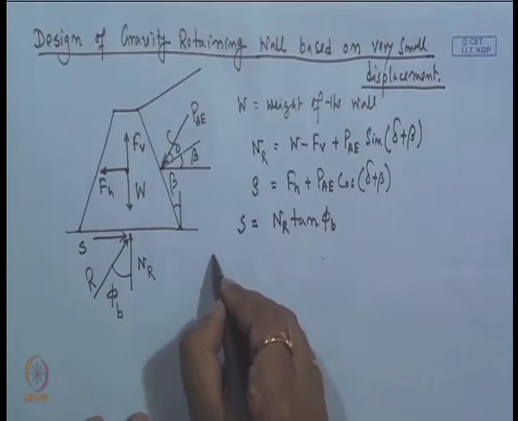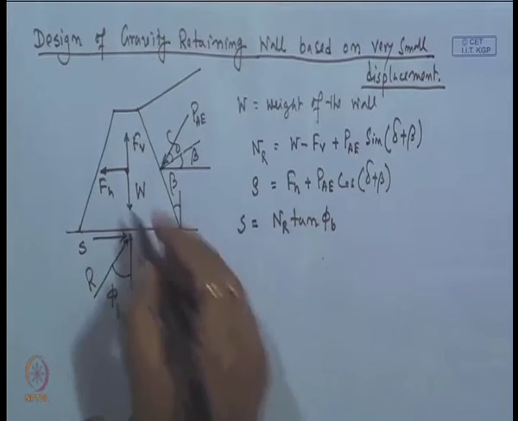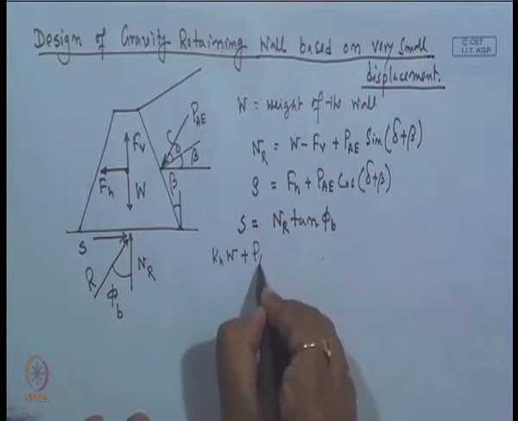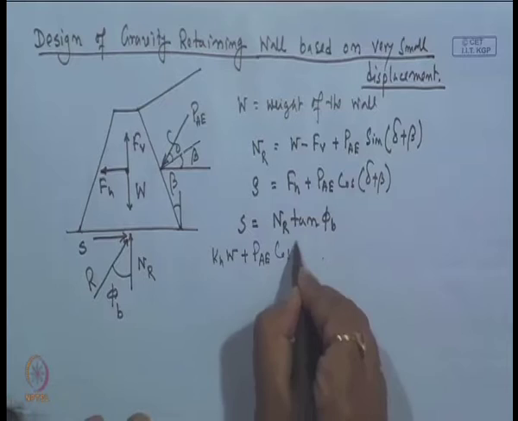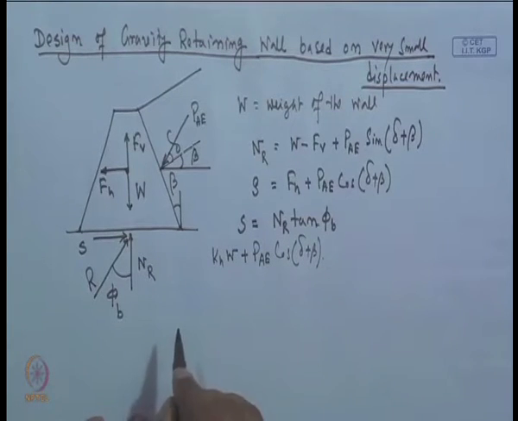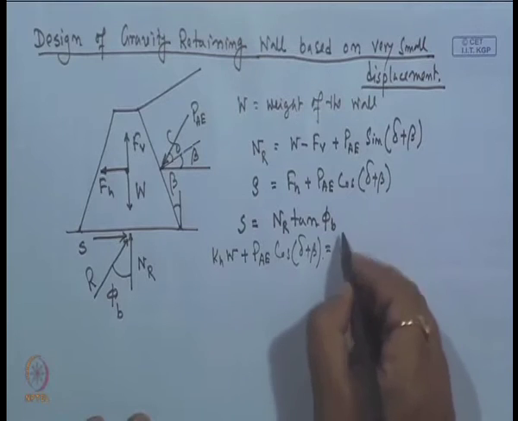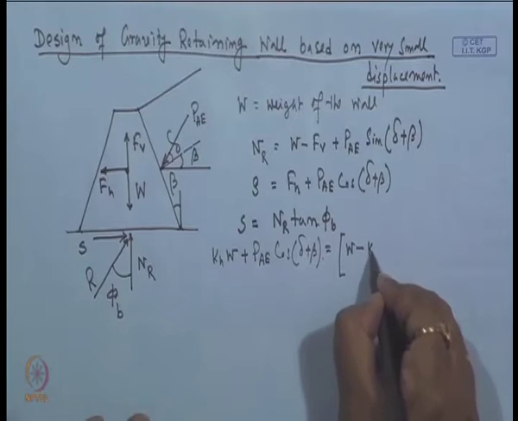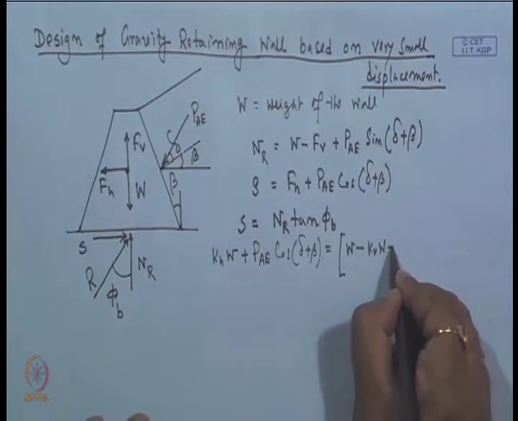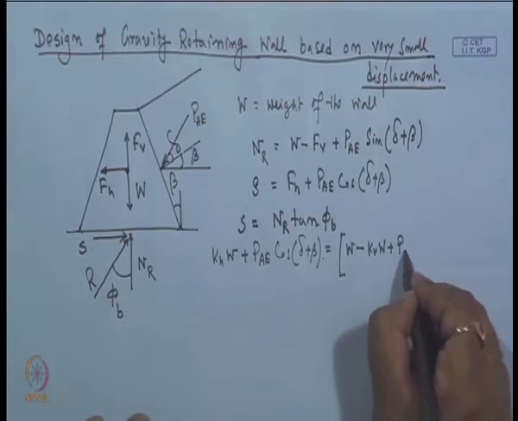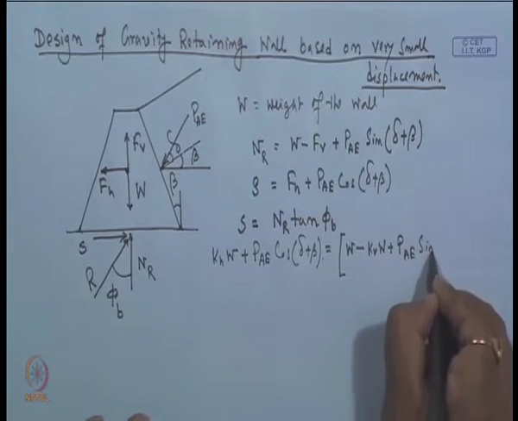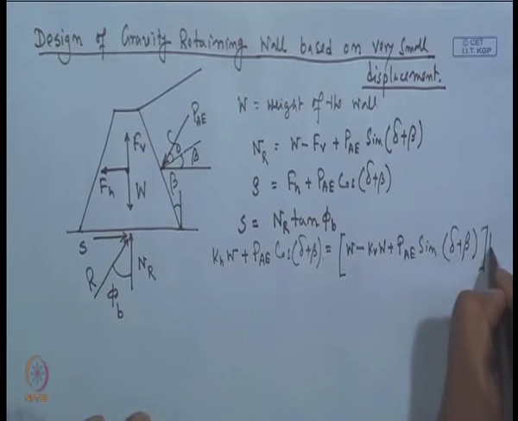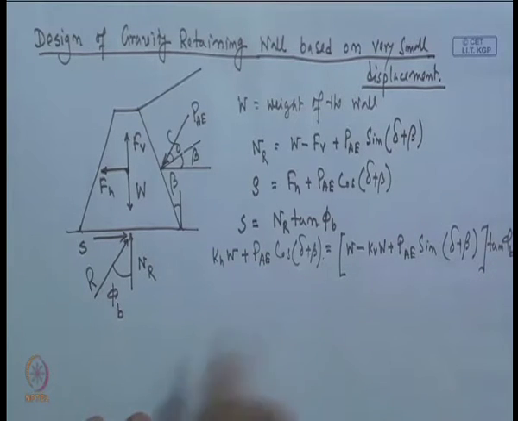So, we can finally write that, in place of F H, we can write Kh W plus PAE cos of delta plus beta, that is equal to W minus Kv W plus PAE sin of delta plus beta, into tan phi b.